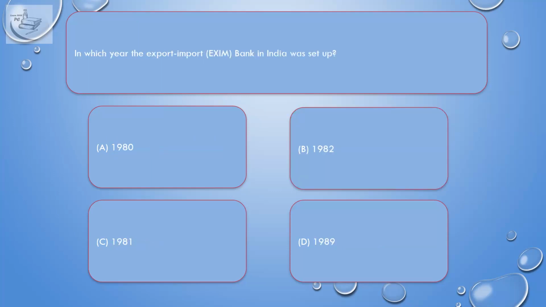Question: in which year the Export-Import (EXIM) Bank in India was set up? A. 1980. B. 1982. C. 1981. D. 1989. Correct answer is B. 1982.